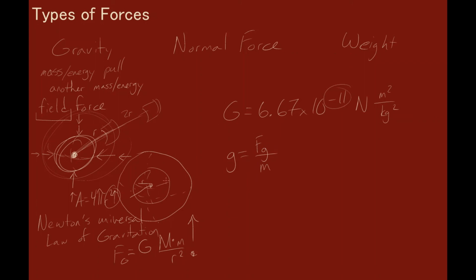When we're close to the planet, for Earth, that is 9.8 newtons per kilogram. Well, in the previous video, remember I told you 1 newton is a kilogram meter per second per second. So this is 9.8 kilogram meters per second squared over kilograms, or meters per second squared.